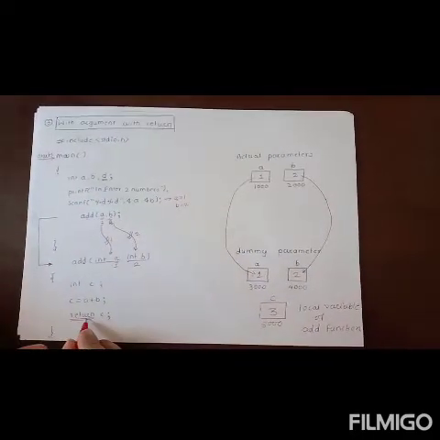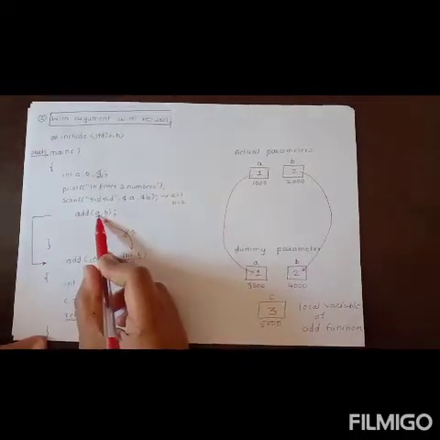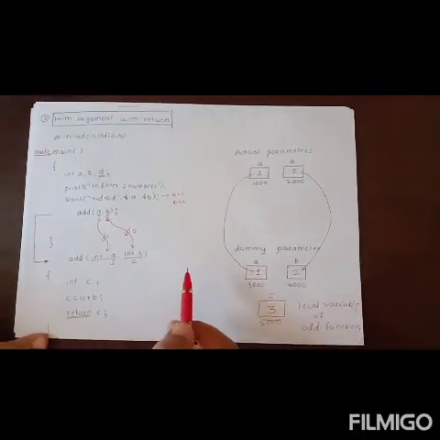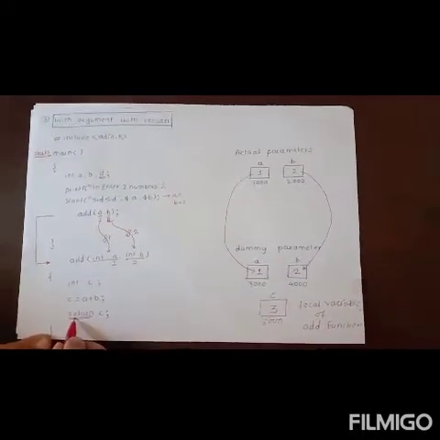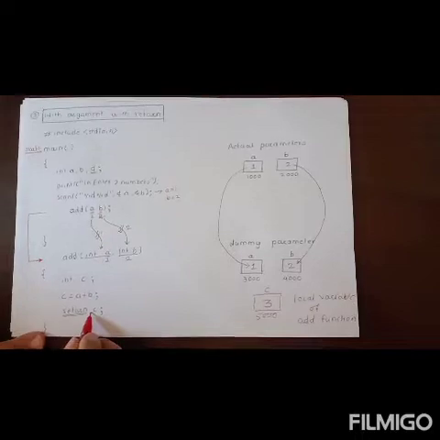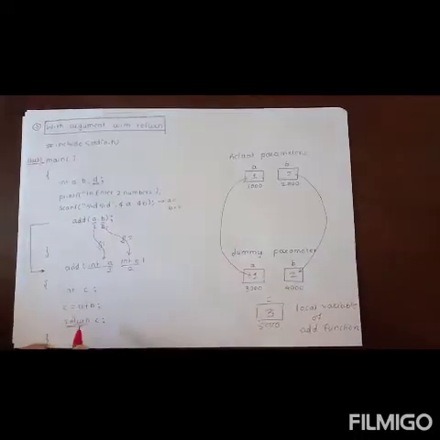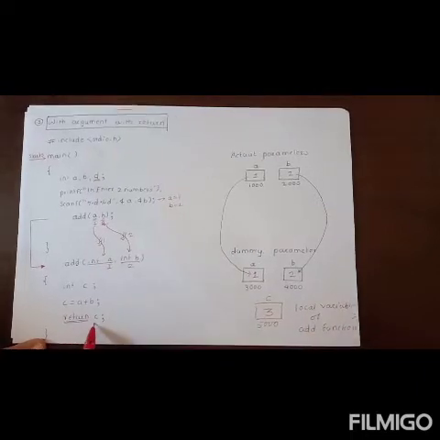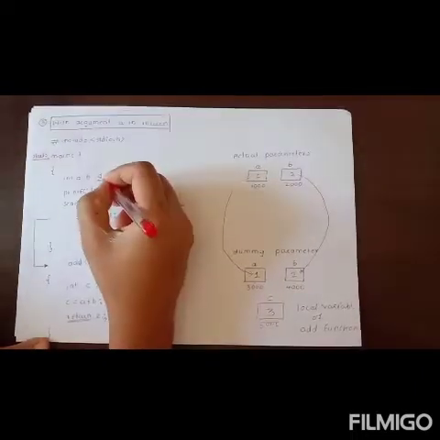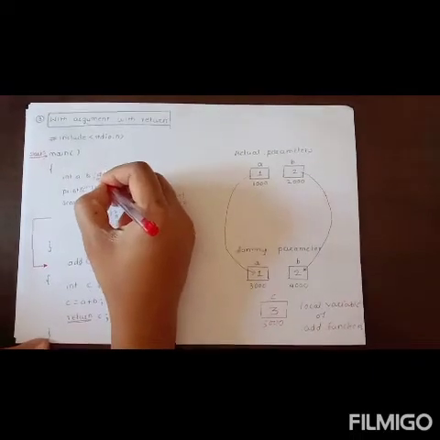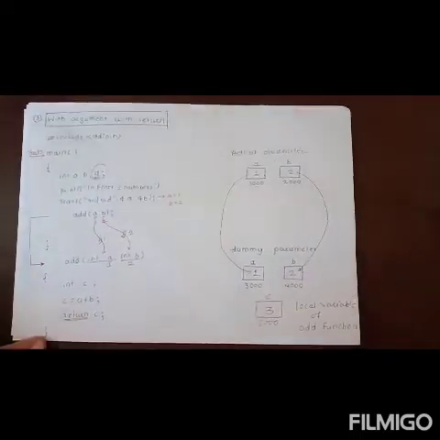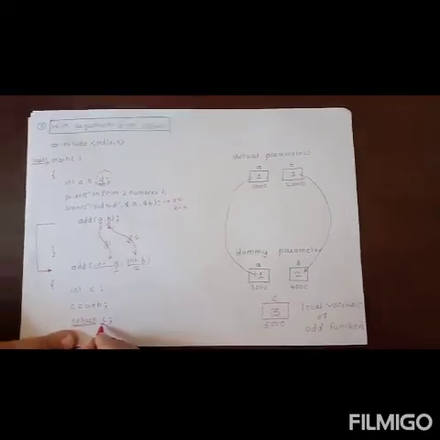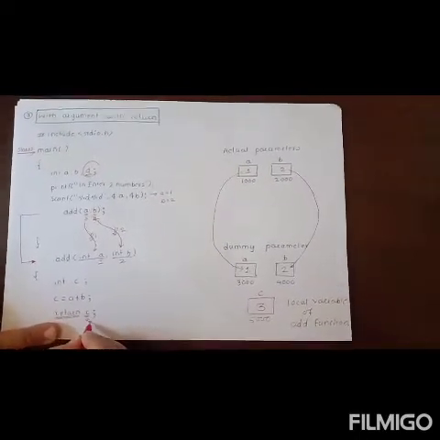As we observe here, whenever we send any value, for receiving that we require another variable. Similarly, whenever we return anything back to the calling function, to receive that you require one extra variable, and for that receiving we'll take here one extra variable d. Now what is the value of c? c is 3.